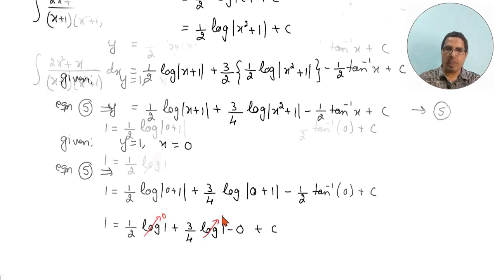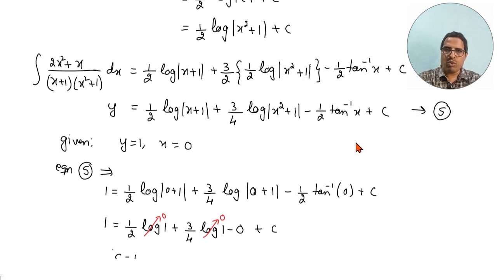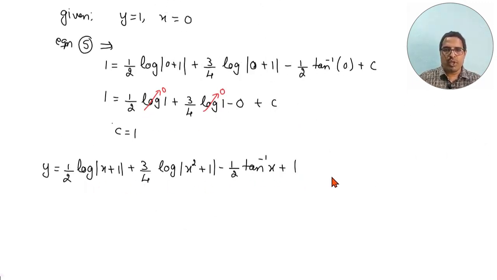So this complete expression is 0. So then what will be the value of c? The value of c will be 1. Therefore, if I substitute this value of c back in equation number 5, this will be the particular solution.